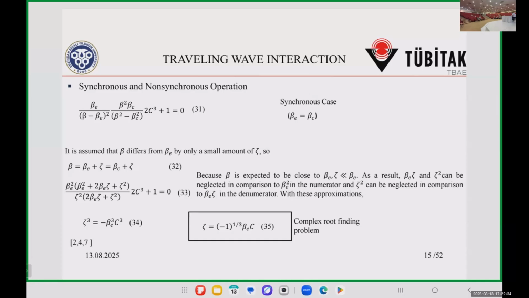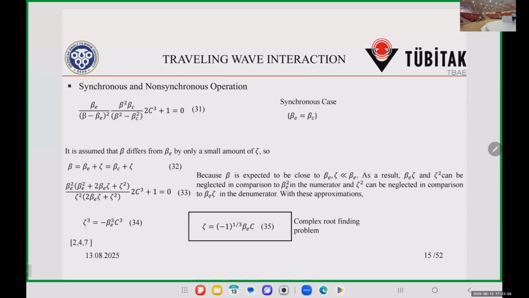Beta E times zeta and zeta squared can be neglected in comparison to beta E squared in the numerator, and zeta squared can be neglected in comparison to beta E zeta in the denominator. With these approximations, we can obtain equation 34.